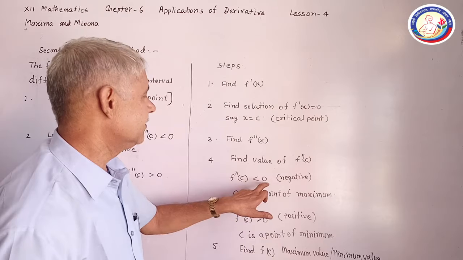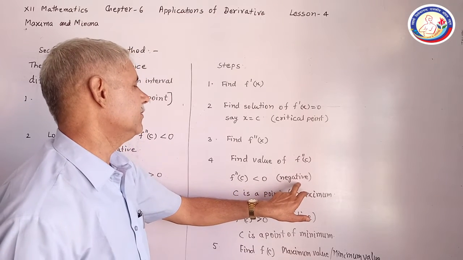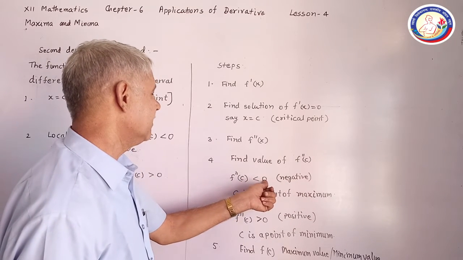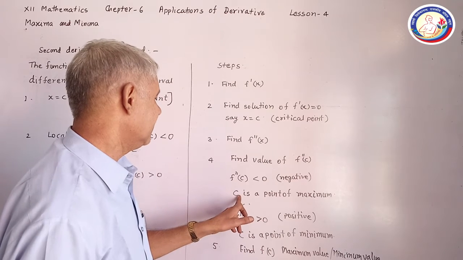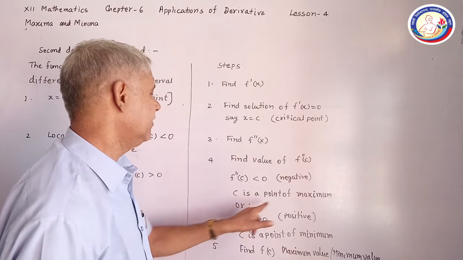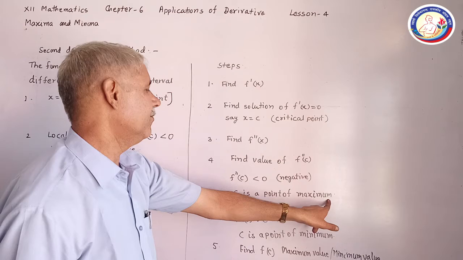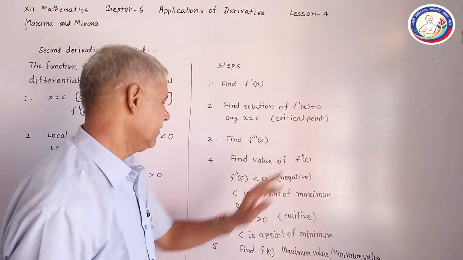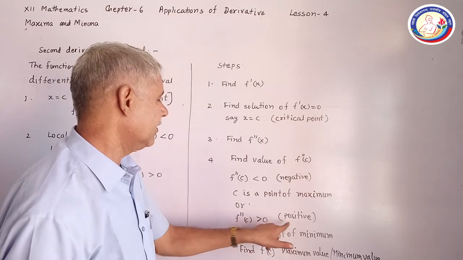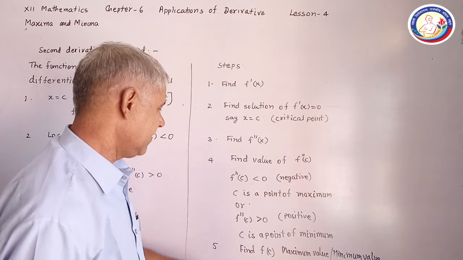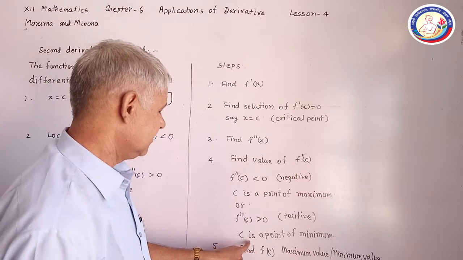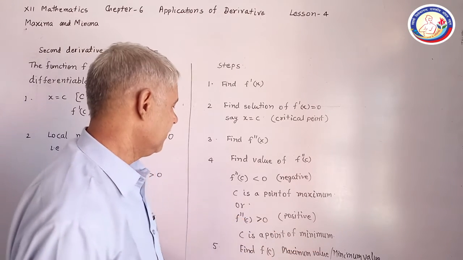If it is negative, or its value is less than 0, we say that C is a point where the maximum value of the function is present. And if it is positive or greater than 0, then we say that it is a point of minimum.